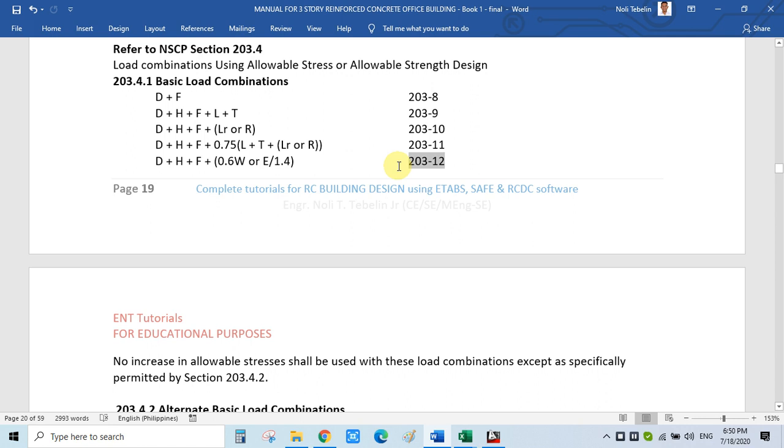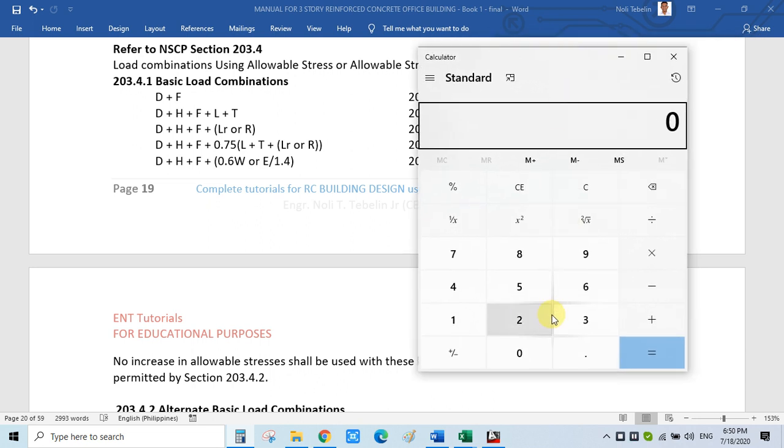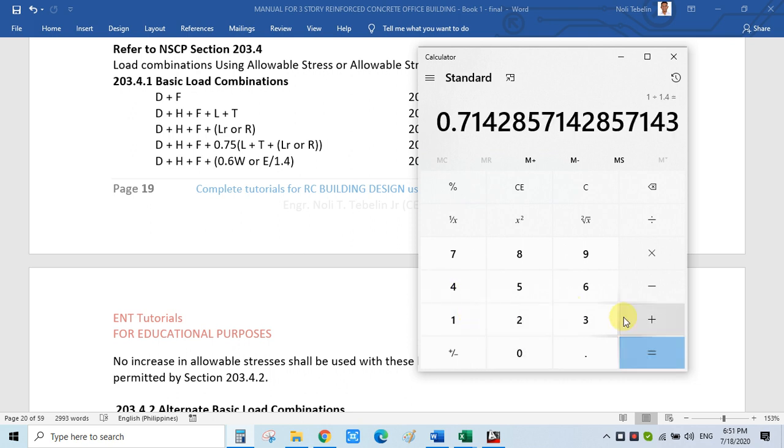magiging 1 divided by 1.4 will give you 71.4%. Okay. So, dito sa Excel, na gawin natin, ito yung mga equation na yon. Then, pagka wind, automatic, magkakaroon tayo dito ng acting in opposite direction.